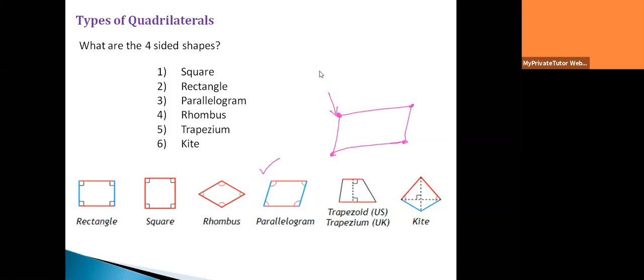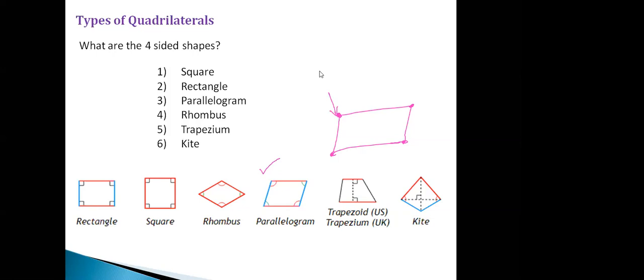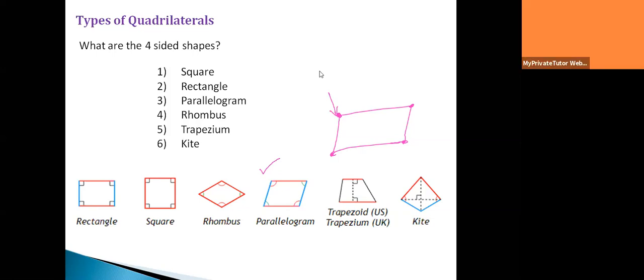Okay, and you can see some diagrams below there. A rectangle has 4 right angles, which are 90 degrees, same as a square. A rhombus differs, but it looks like it has right angles.